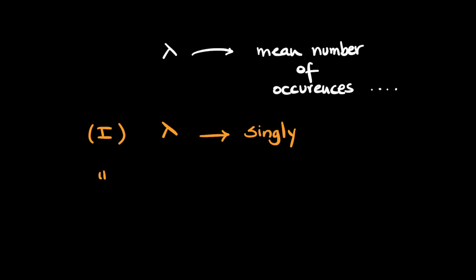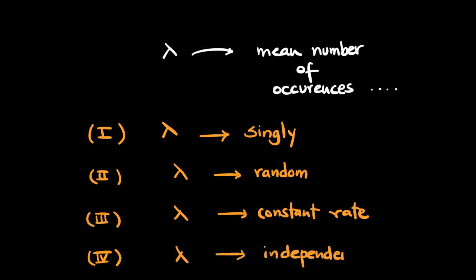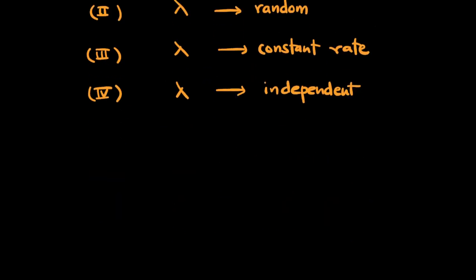The mean number of occurrences occurs at random. The mean number of occurrences occurs at a constant rate. And last but not the least, the mean number of occurrences are independent of one another. Now let me explain all these conditions.